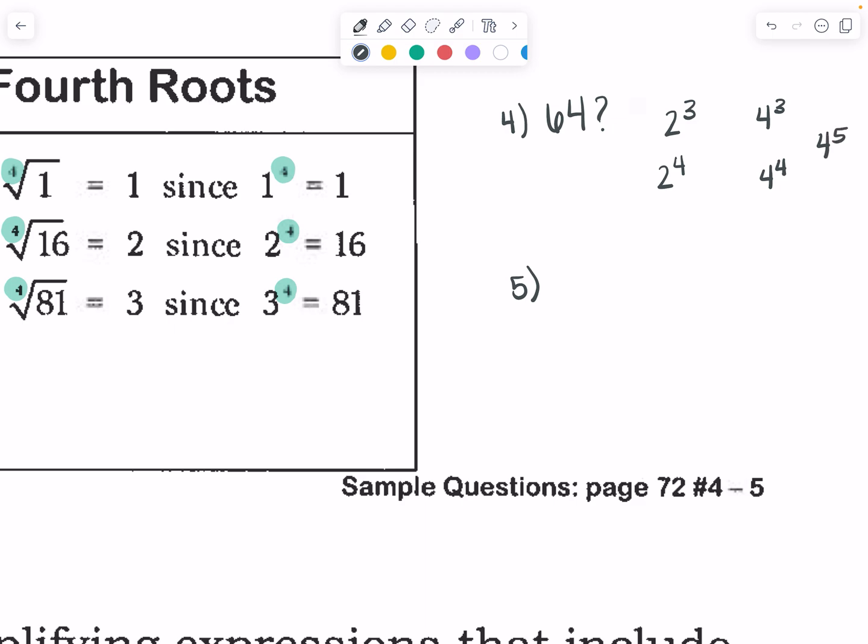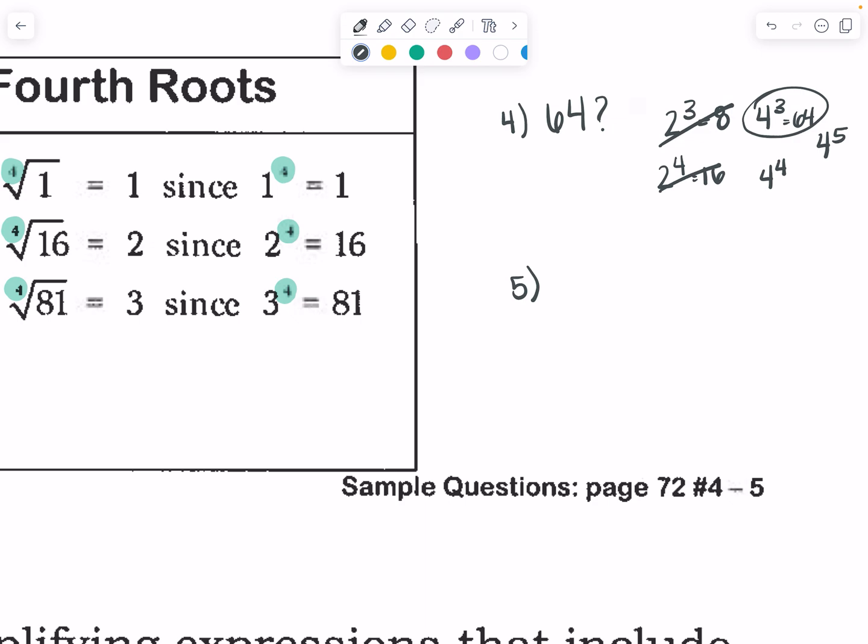So what I'm going to do is just type it into my calculator. So 2 to the third, 2 times 2 times 2 is going to give me 8. That is not 64. 2 to the fourth is going to be 2 times 2 times 2 times 2. And that gives me 16, not 64. 4 to the third means 4 times 4 times 4. And that one is indeed 64.